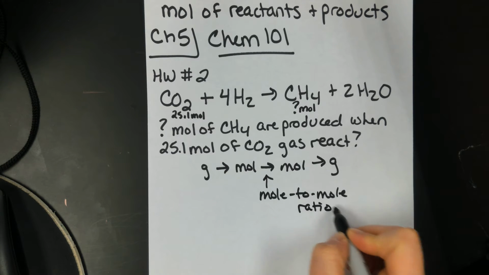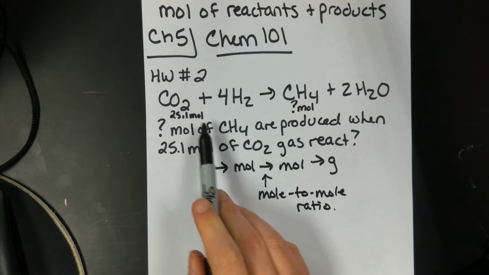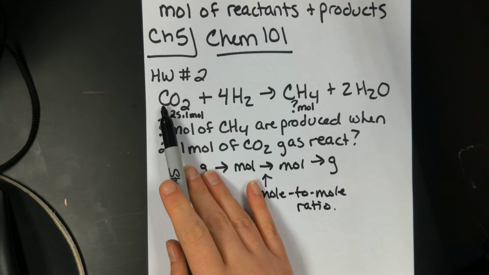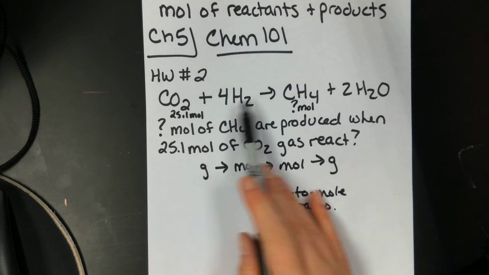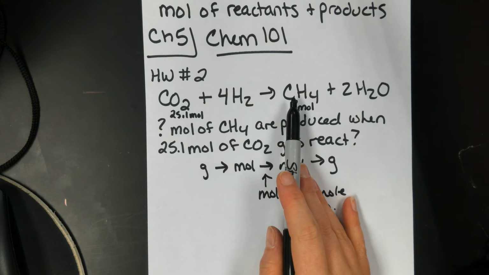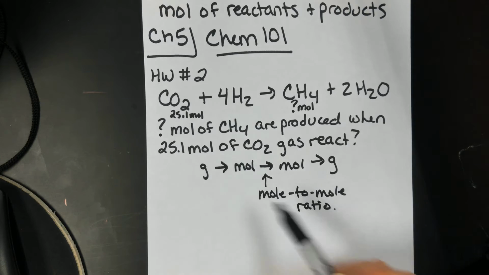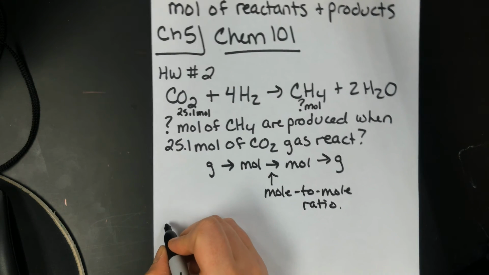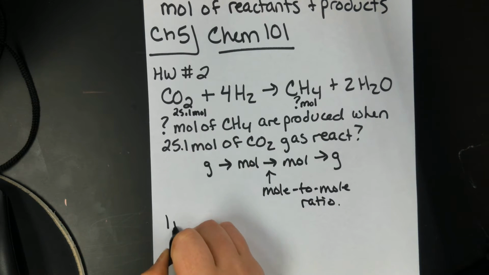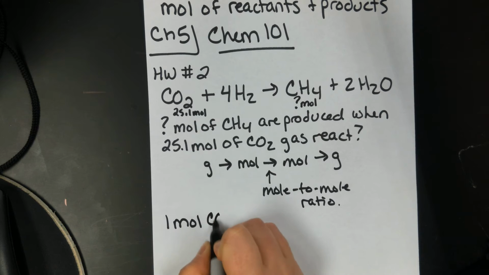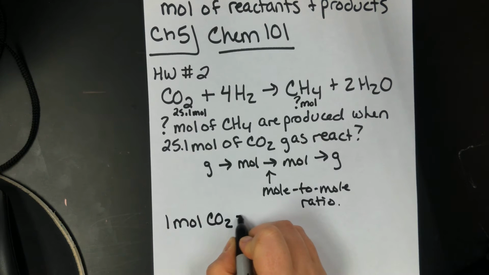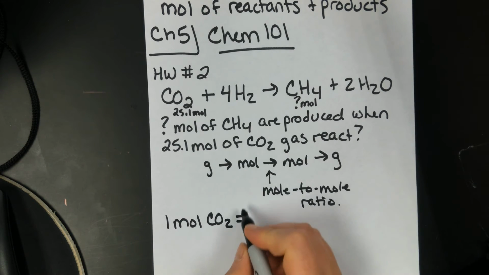What do I mean by mole-to-mole ratio? Let's find it out for this problem. It requires 1 mole of carbon dioxide to produce 1 mole of CH4. Why did I say that? Because they both have a coefficient of 1. So I can now deduce that 1 mole of CO2 will produce 1 mole of CH4.